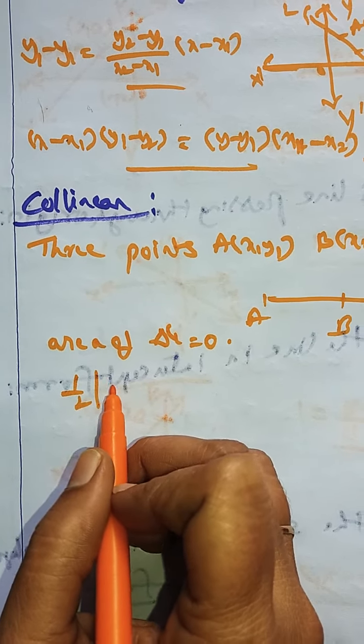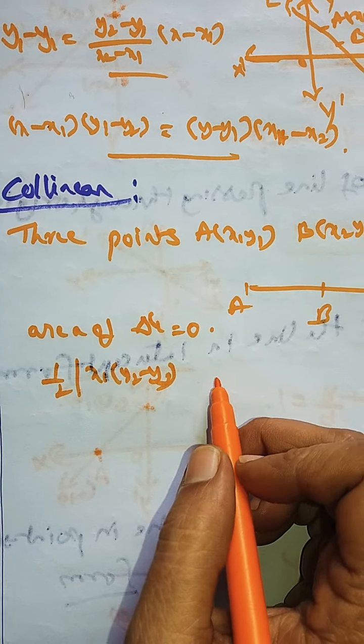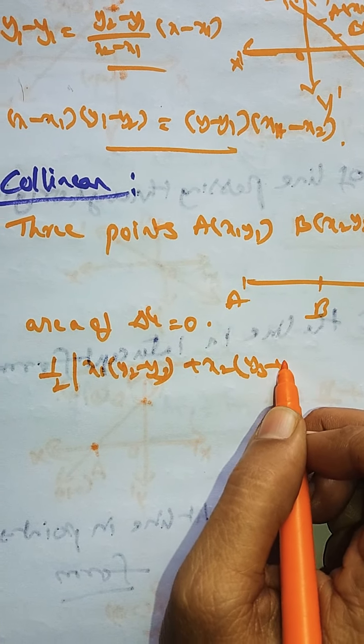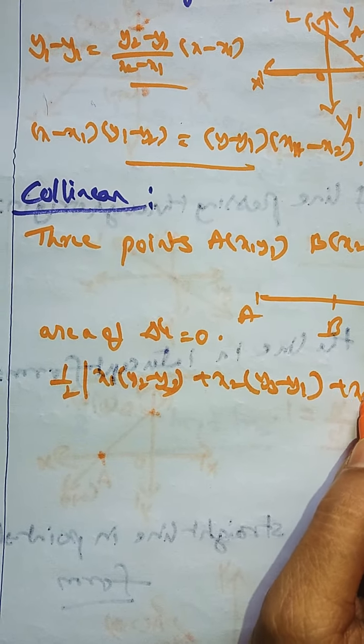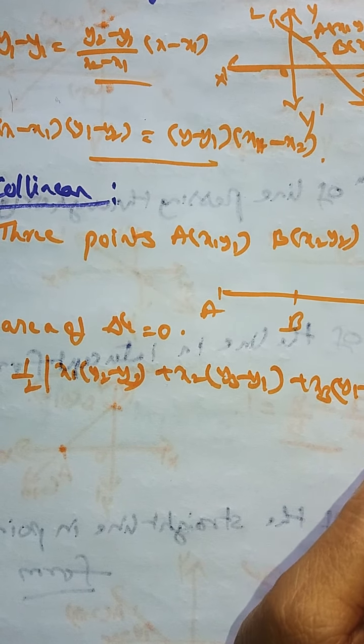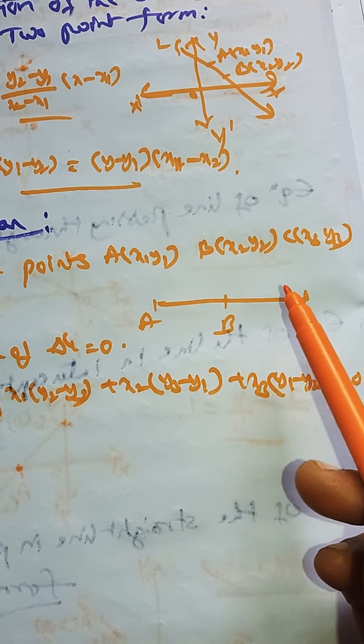Half mod of x1 into (y2 minus y3) plus x2 into (y3 minus y1) plus x3 into (y1 minus y2) equals 0. Then we can say the three points A, B, C are collinear.